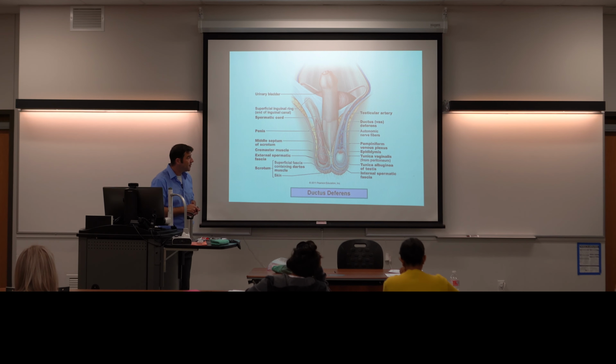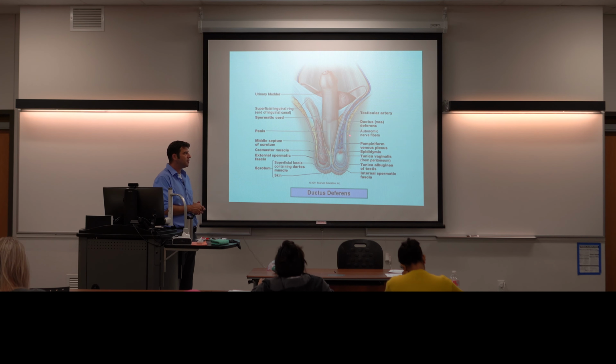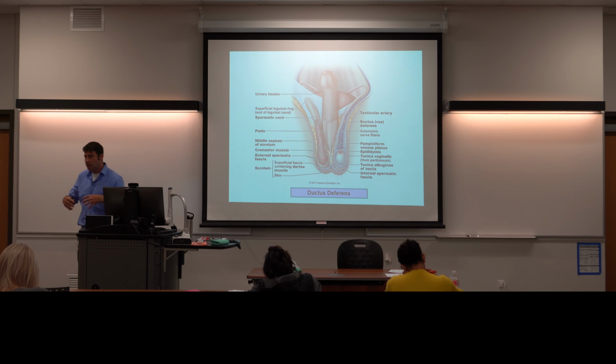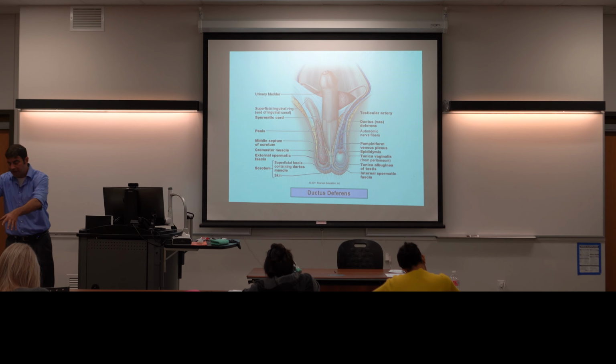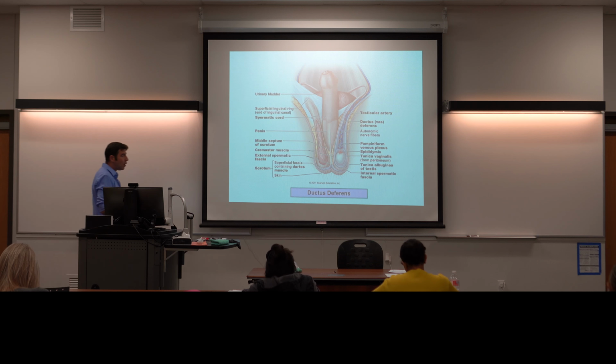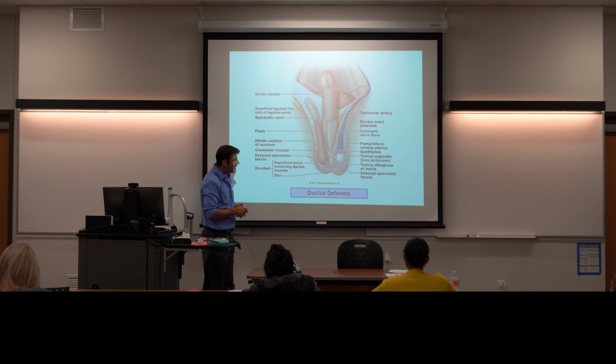The other thing we can see from this picture, and I think it's on the lecture handout, is the pampiniform plexus. That's a funny word, but what it describes is a network of veins. It's almost like a net of veins, and they wrap around the artery. You can't see the artery very well, but we know the artery is delivering fresh, oxygenated blood towards the testes.